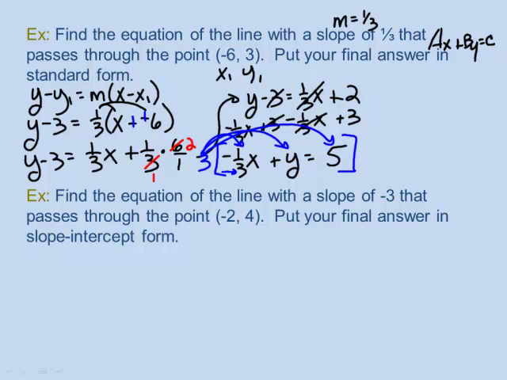That's going to allow us to get an equivalent equation, but clear out the fractions so we can have an equation that has all integer coefficients and constants. So that's going to give us 3 times negative 1/3 x plus 3 times y is equal to 3 times 5.